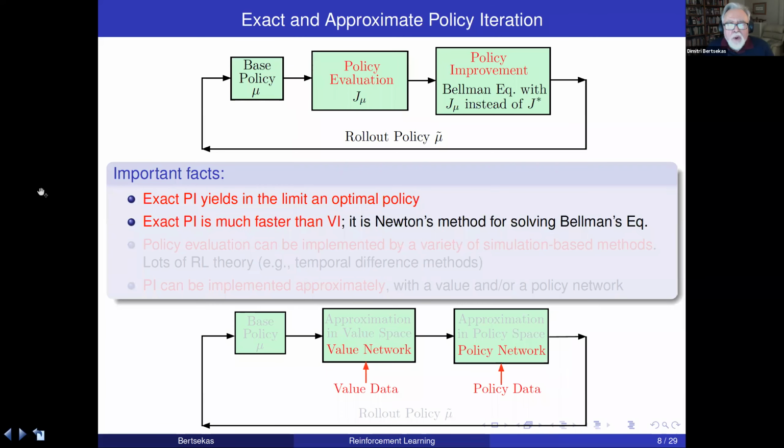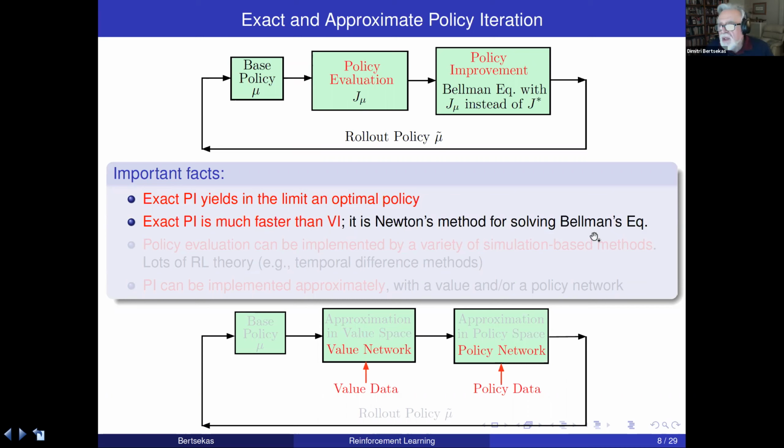Now, you have policy iteration and value iteration. Value iteration is quite a bit cheaper to implement than policy iteration, but policy iteration is much faster. It is connected to Newton's method for solving Bellman's equation, as we have explained in lecture 2.